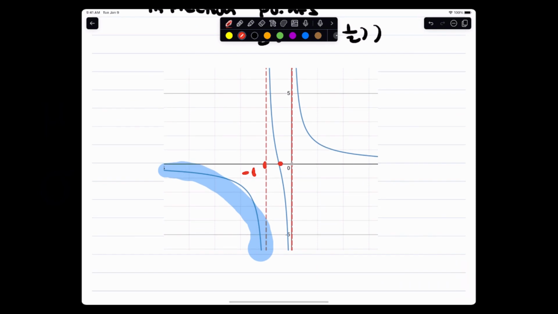Here's the inflection point. So does that hold water? Concave up. And then you don't hold water. Concave down, and then you hold water. So I can even label that just in the picture: concave down, concave up, concave down, concave up, inflection point.